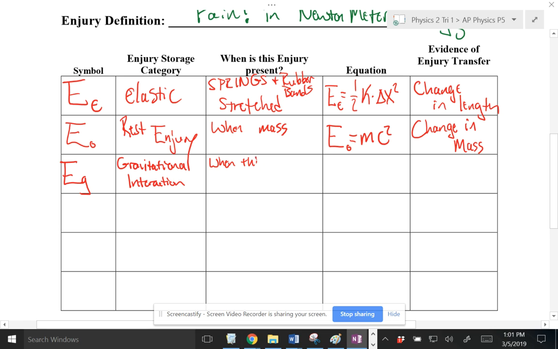That's when things can fall, right? That's when there's a potential for gravitational injury. Equation E G equals TBD. Evidence of injury transfer. Change in height.